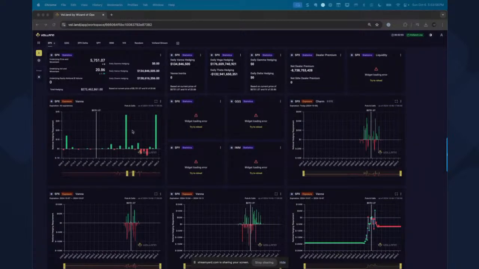I might come in for 10, 15 minutes, depending on how fast the trade plays out. There are a few different ways you can play, and how I've laid out the workspace is fine-tuned for my trading style.